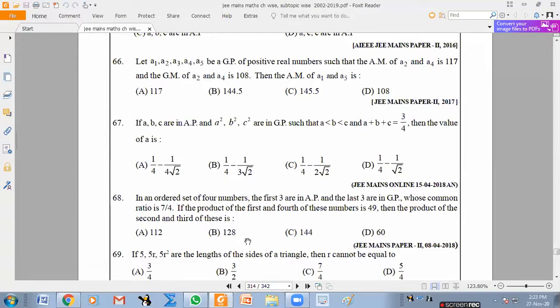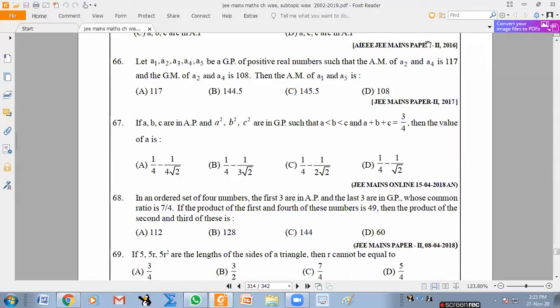The geometric mean of A1 and A5 will be same as A2 and A4. But the sum of A1 plus A5 we cannot tell directly, so better to have some idea about A2 and A4. So we could just write A2 plus A4 is 2 times 117.